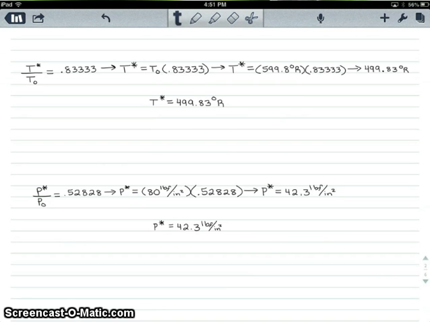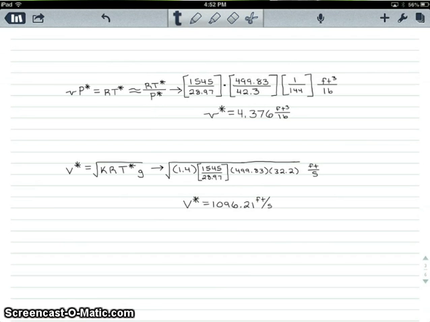Now, as we said before, we are going to find the specific volume. In our case, we are going to use equation 3.34. As you can see here, we have already solved out the equation with our given variables, and I'll walk you through it as you solve it yourself.